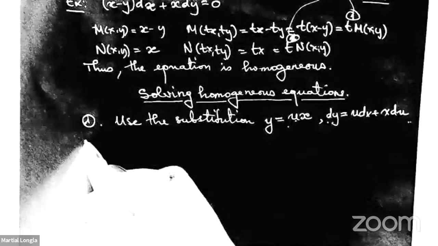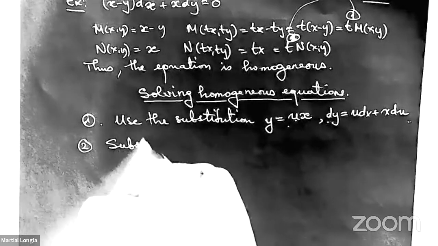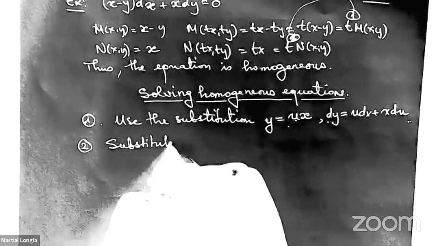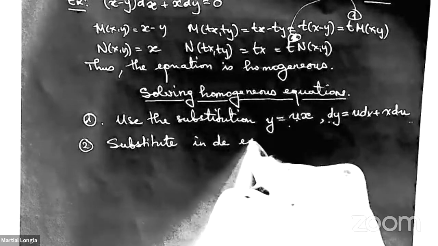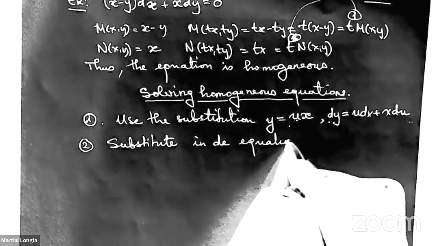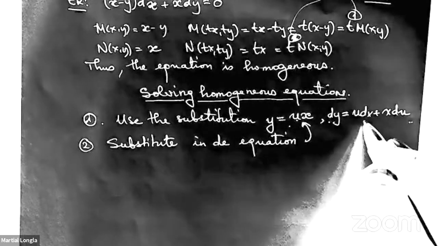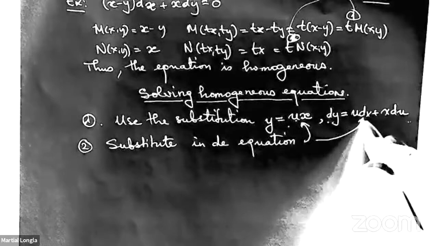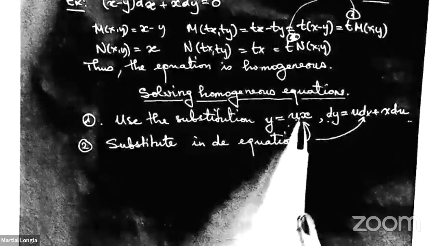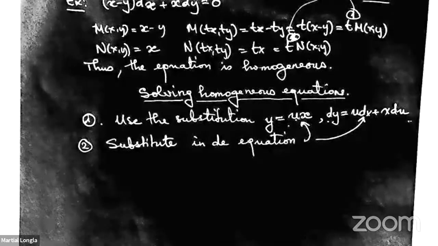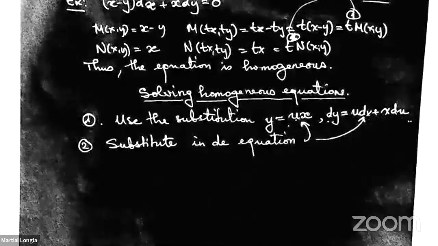And then substitute this in the equation. So you take these two things and you substitute in the equation. You replace y by ux, and you replace dy by u dx plus x du.